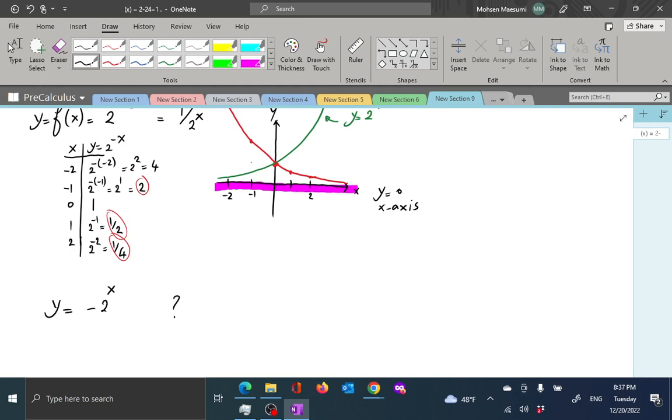Why should this stand out? Because many students think, okay, the issue is, how do you read this thing? Is it you take 2 and raise it to the power of x, and then you kick it with a negative, or you take your 2, kick it with a negative, and then raise to the power of x?